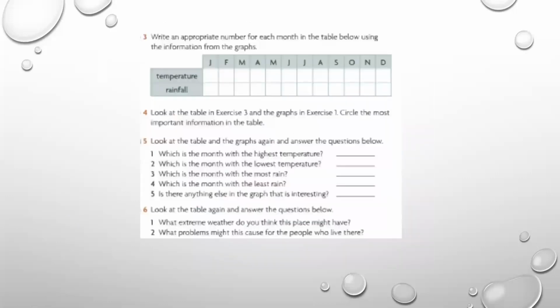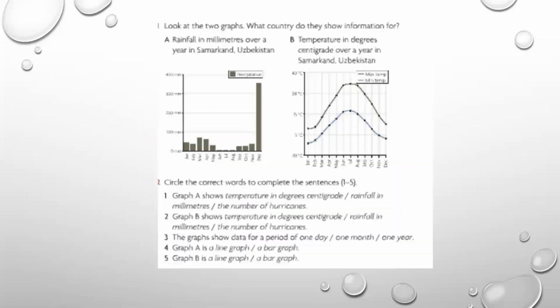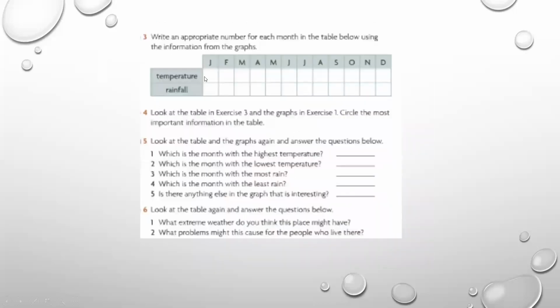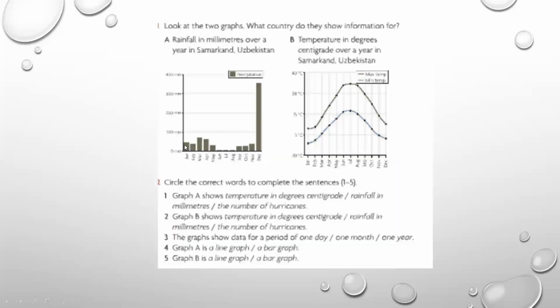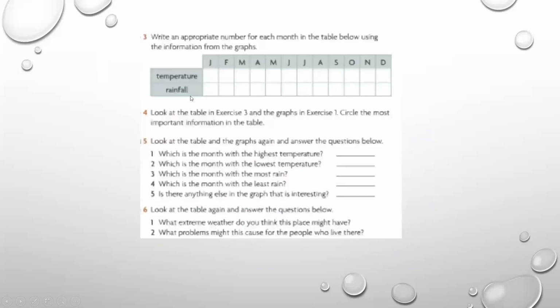Second exercise for you. What do I want here? I want you to check this graph and write the data for the temperature for each month here. Then check this graph and write the data for the rainfall for each month here.